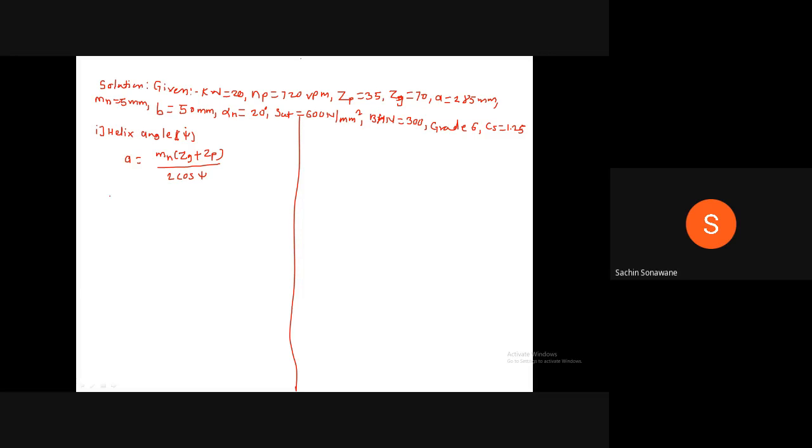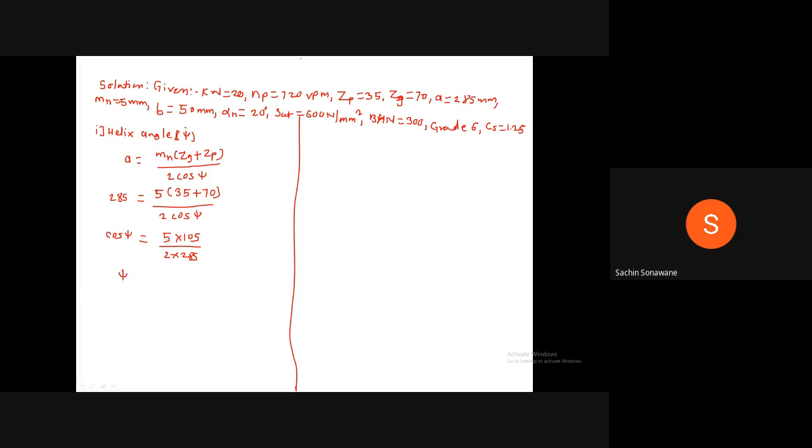Therefore, substitute the value. 285 is equal to 5 into bracket 35 plus 70 divided by 2 into cos of psi. Therefore, cos of psi is equal to 5 into 70 plus 35, means 105, divided by 2 into 285.